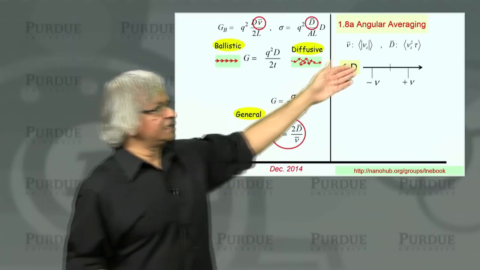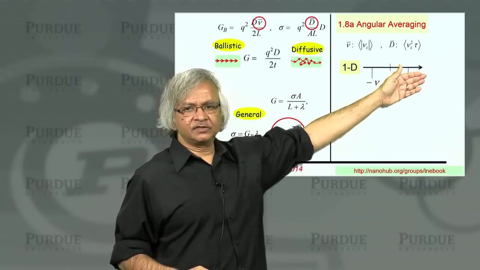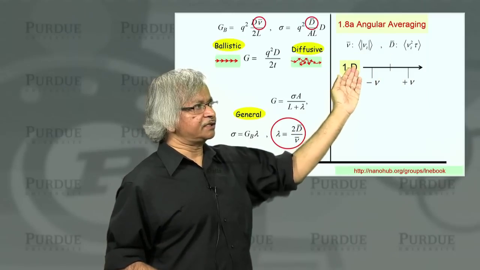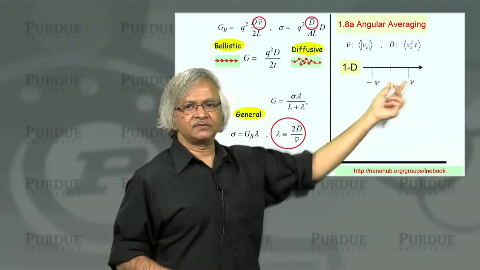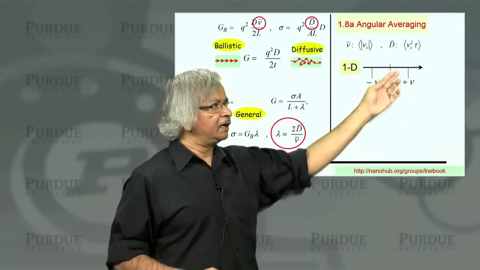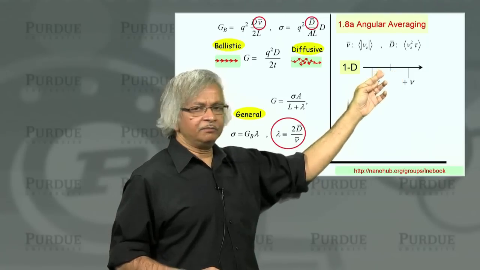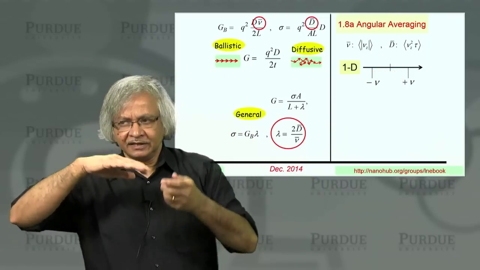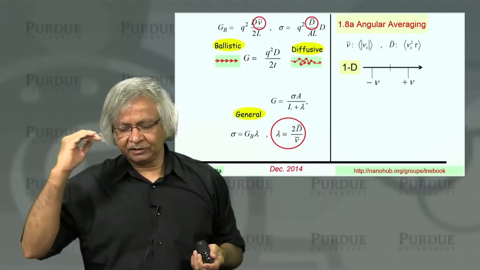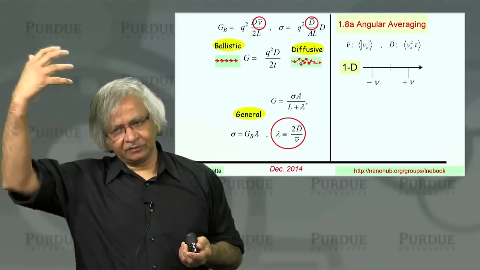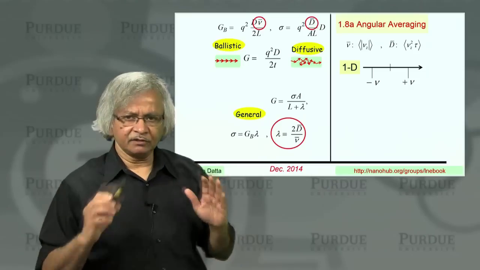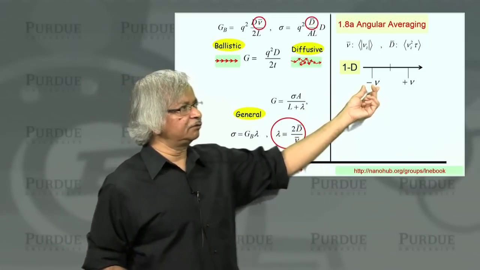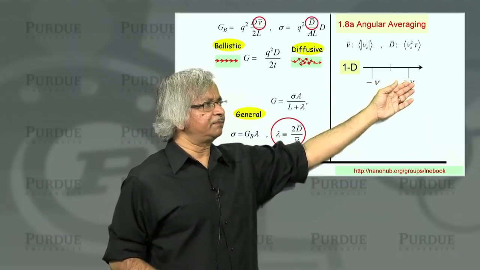But the velocity could be either in the positive z direction or in the negative z direction, so it could have one of two values, plus v and minus v. No other value, because we are considering electrons with a single energy. In this elastic model, we can think of one energy at a time and then do an integral over energy. So you're considering one particular value of velocity, but it can be plus or minus.